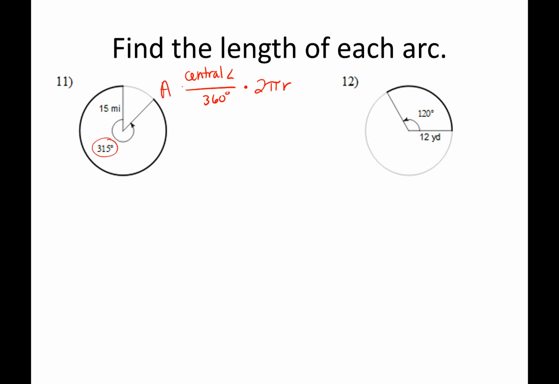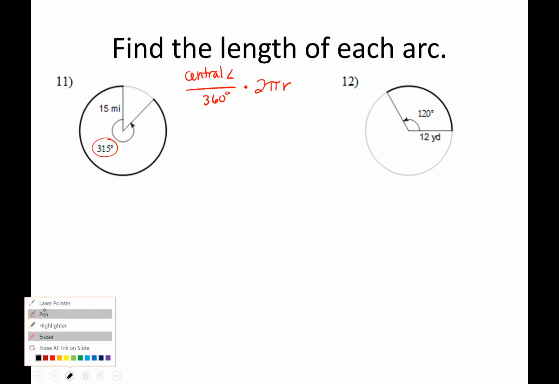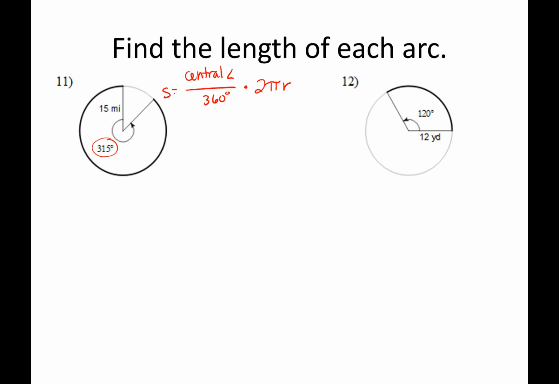Let's say arc length, which is actually given to us with S. It's kind of a weird letter for it. So we have S equals, for arc length, 315 degrees over 360 times 2 pi, and then my radius is right here as 15. When we multiply that all the way out, you should get 82.5, looks like, miles.